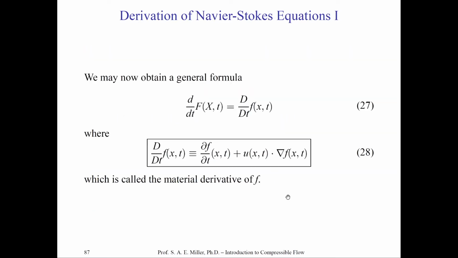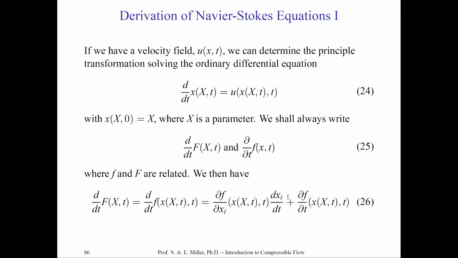And we can write that in a box because it's so important and fundamental to fluid dynamics. We can write the material derivative of f of x, t equals the partial derivative of f with respect to t plus u dotted with nabla f of x, t, which is exactly the right-hand side operation of 26.